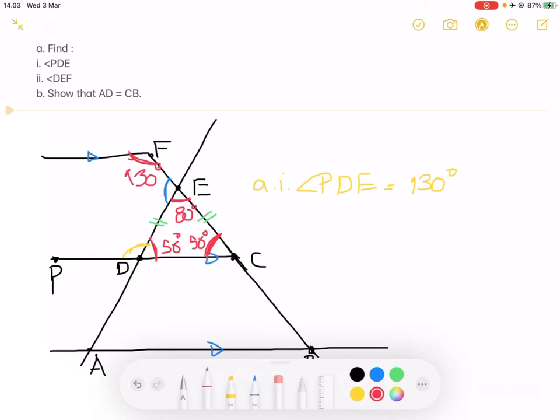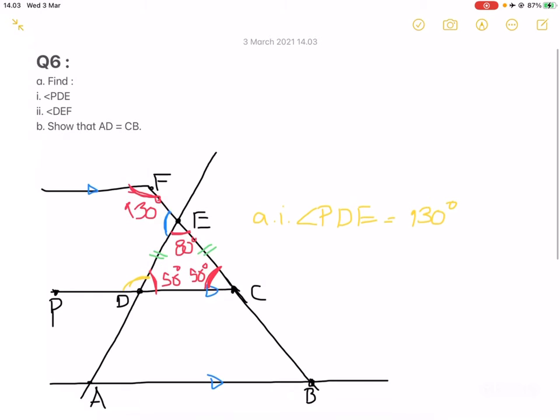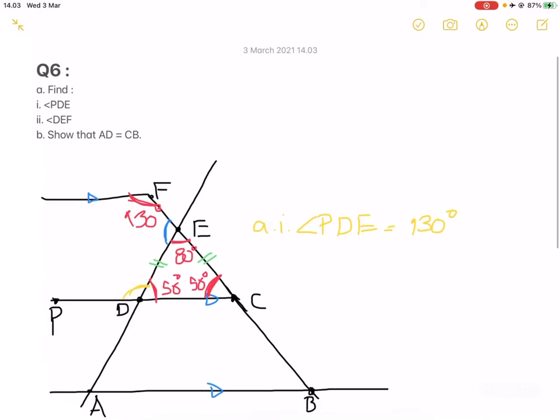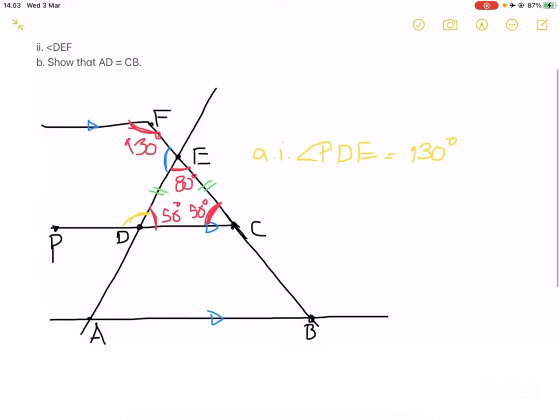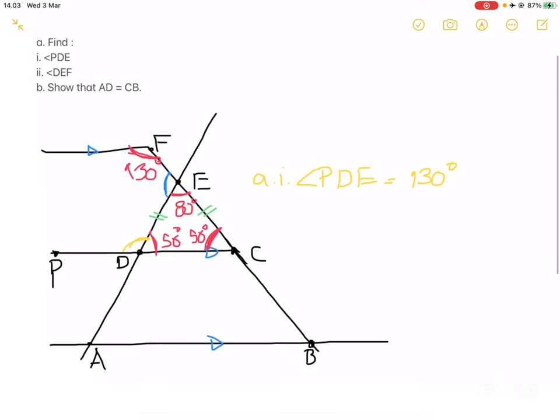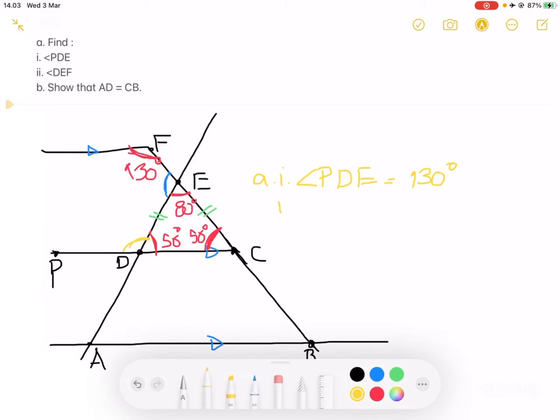And since the sum of all angles on a straight line is 180 degrees, and I should have mentioned that BCEF is a straight line as well as ADE, that means angle DEF, for the second answer, is 100 degrees.